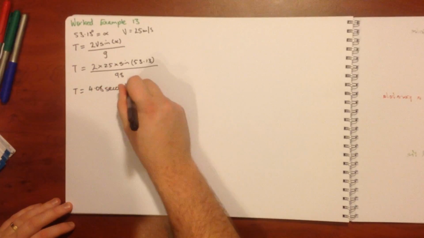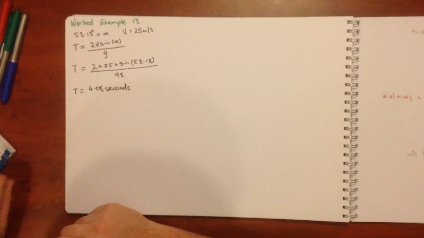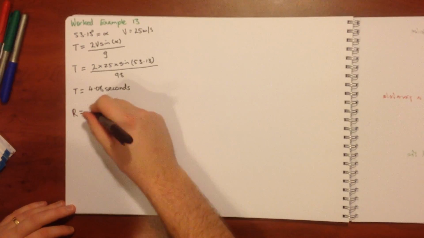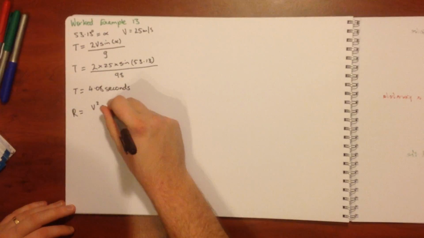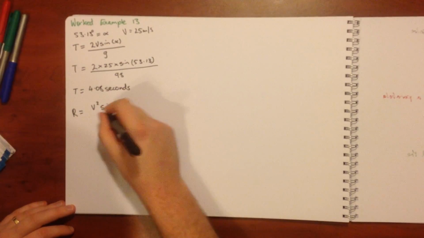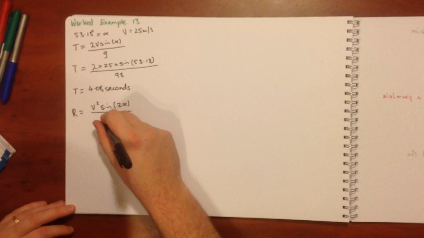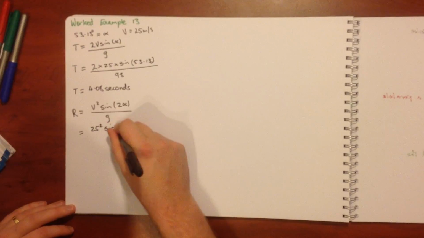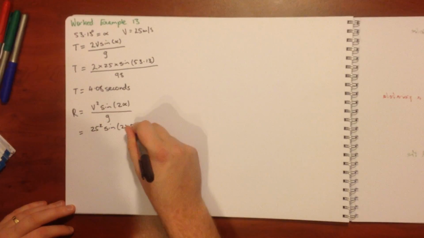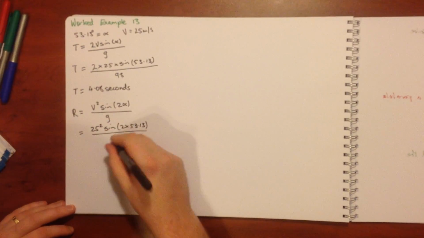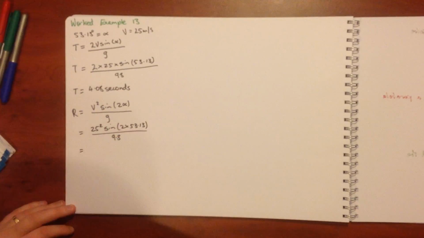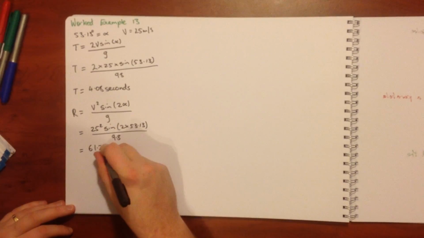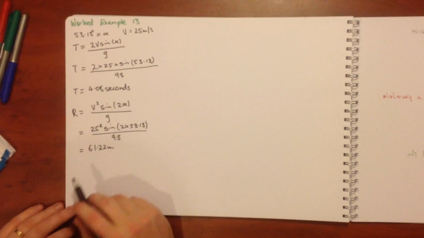We're also asked to find the range. So we can use R equals v squared sine of 2 alpha over g. So we have 25 squared sine of 2 times 53.13 over 9.8. So we get a distance of 61.22 meters when we calculate that.